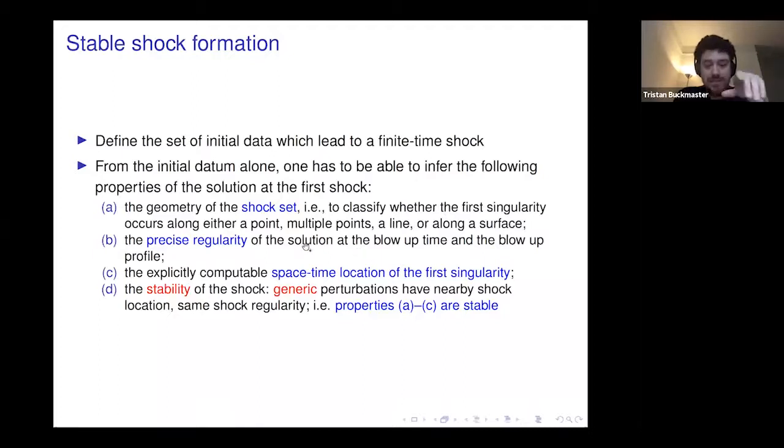And we want to give the precise regularity of the solution. And we want to be able to compute the space-time location of the singularity, and it has to be stable in the sense that you make a small perturbation in a suitable topology, and you get all the same characteristics occurring.